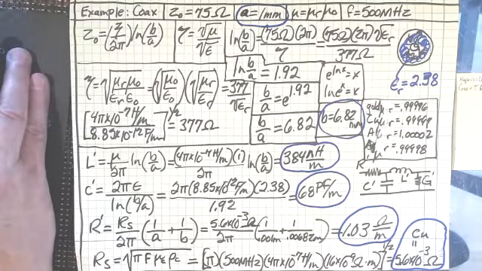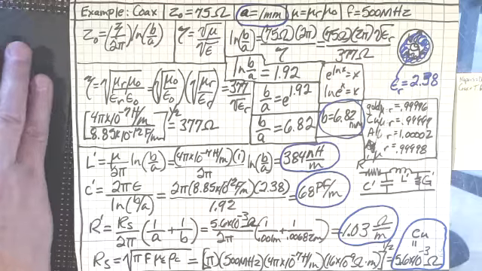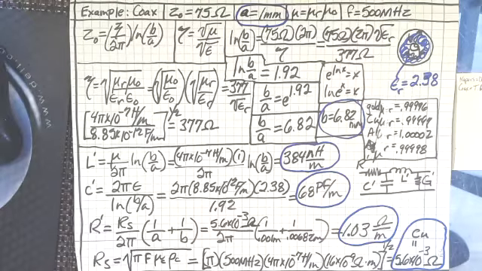And then what we want to do is look at other geometries, not just coaxial cables. We want to look at microstrip transmission lines on the printed circuit board in your cell phone. And we want to look at twin lead transmission lines, which when I say twin lead, I not only mean small little twin lead transmission lines like on your parents' antenna or what you might see on your FM tuner.